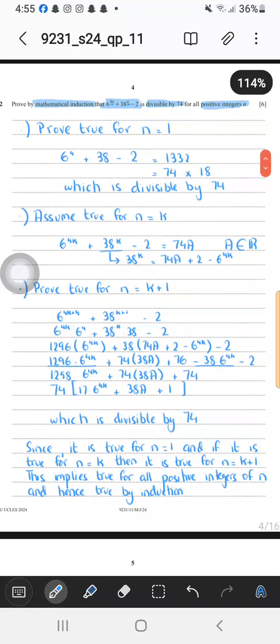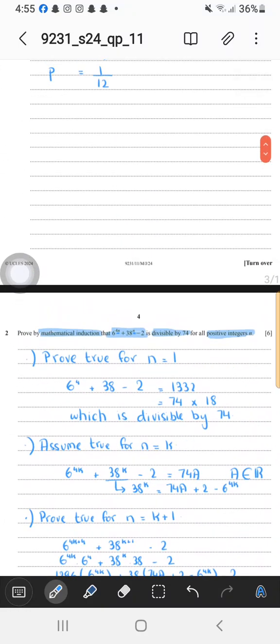So let's review this question. In the start, we proved it true for n is equal to 1 by substituting 1 instead of n. Inserting 1 instead of n, we got 1332, which can be divided by 74, so we wrote the statement that it is divisible by 74. Then we moved to the step of assumption. We assumed that it is true for n is equal to k.